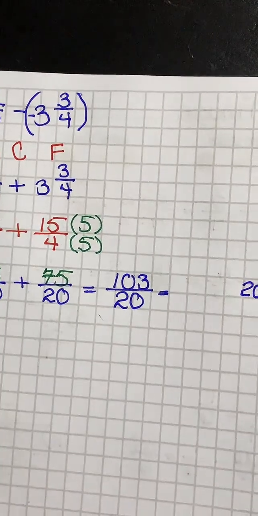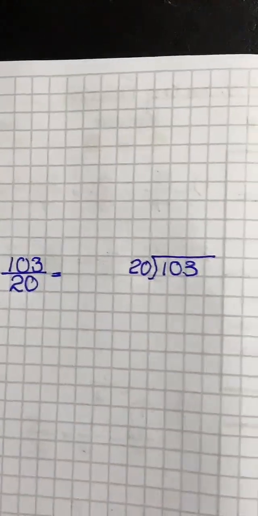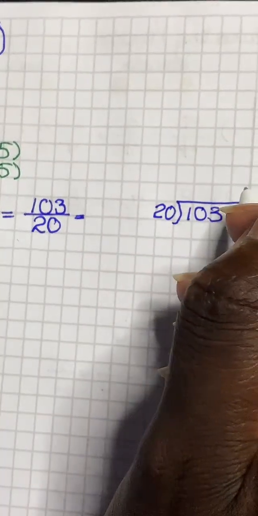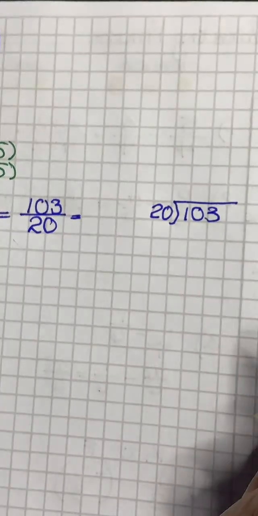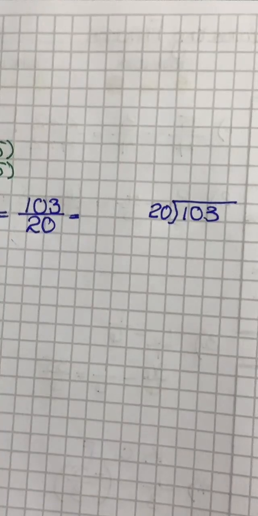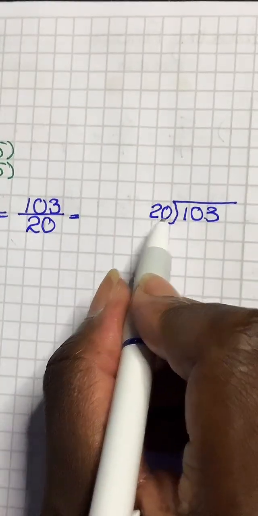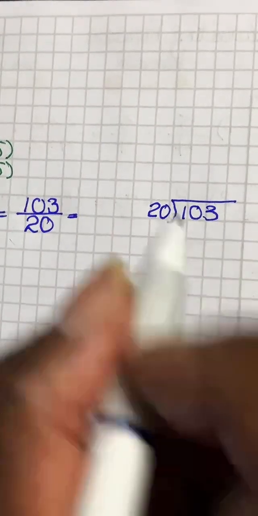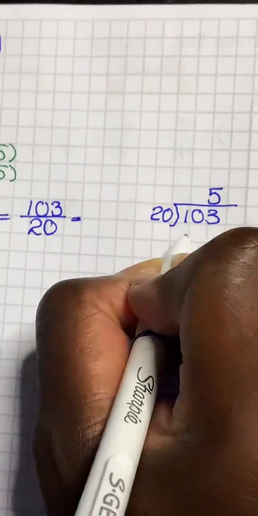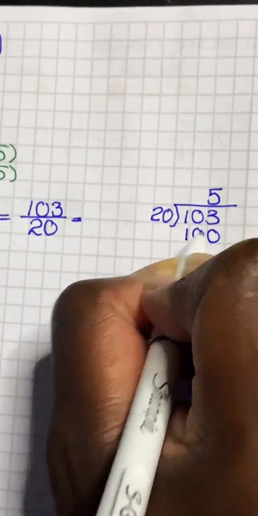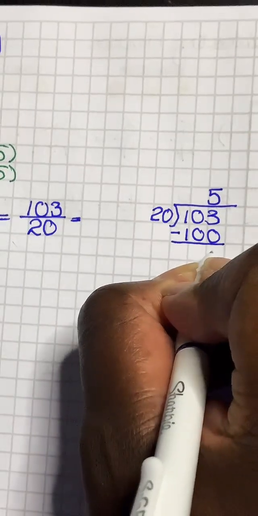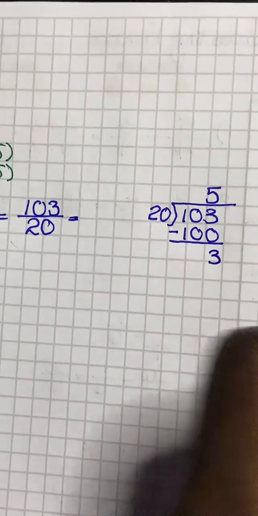Because remember, if you're taking the GED or the ASVAB or the ACCUPLACER, most of the time you won't be able to have a calculator. There might be certain sections where you can. So how many 20s can go into 103 without going over? It's going to be 5 of them, which gives me 100. Then 103 minus 100 will give me 3.